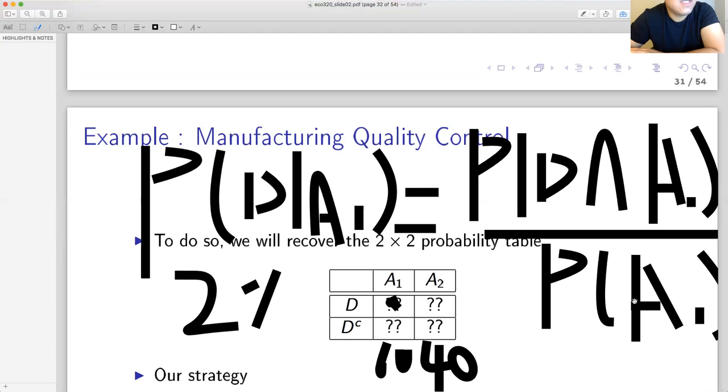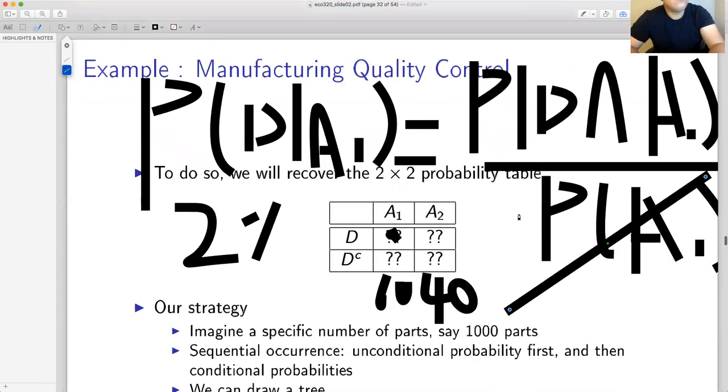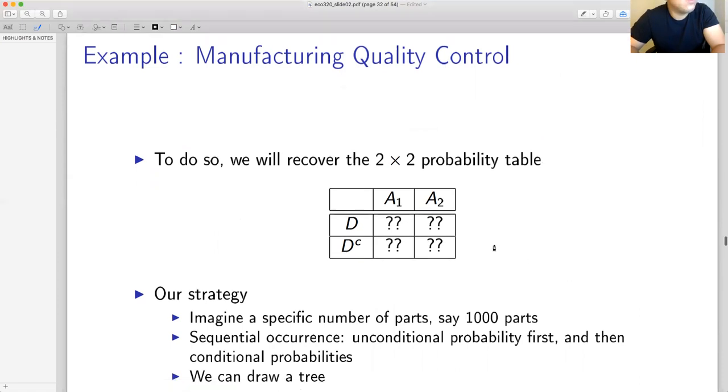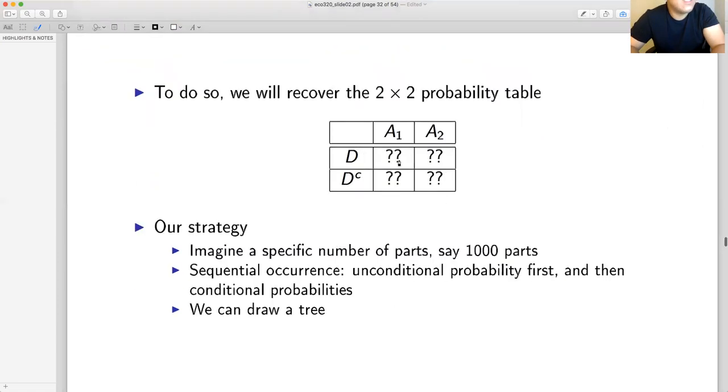It's 60%. So multiply probability of A1 on both sides so that it's eliminated. So probability of A1 times conditional probability of D given A1 equals this one. So 0.6 times 0.02 equals 0.012. So that is how you do that.